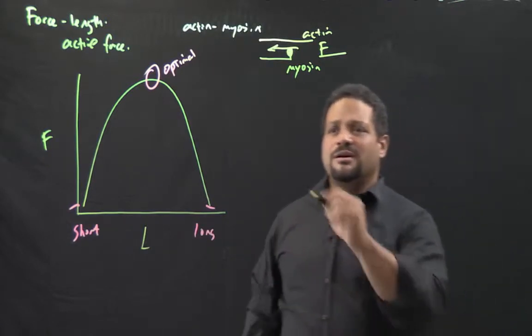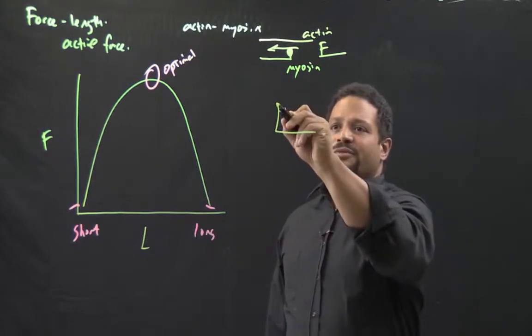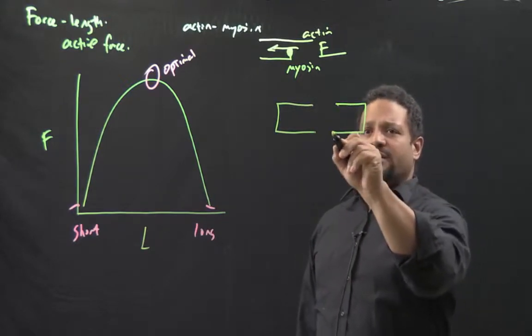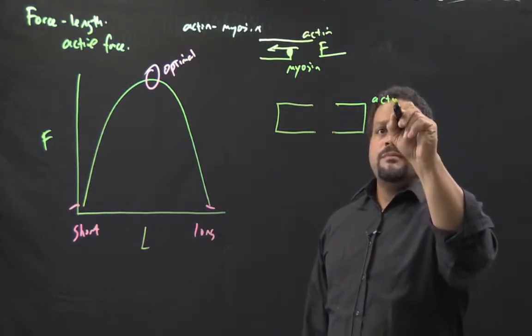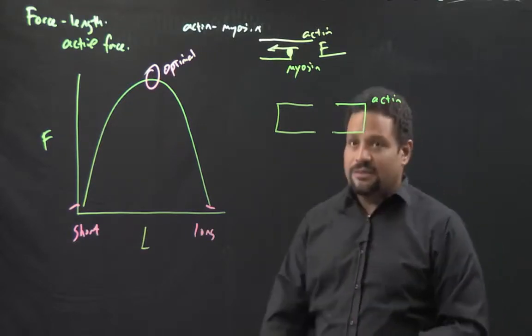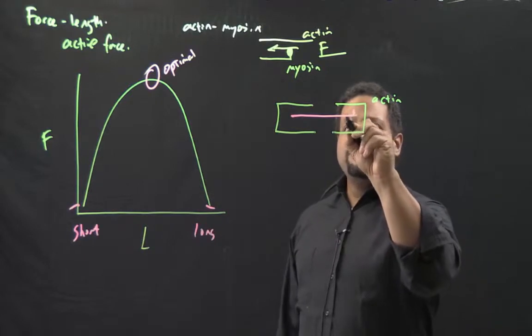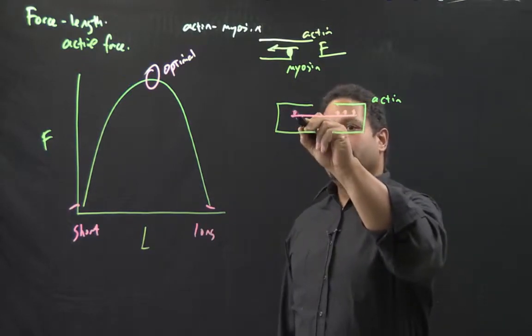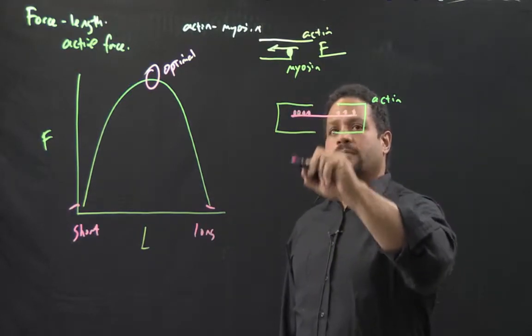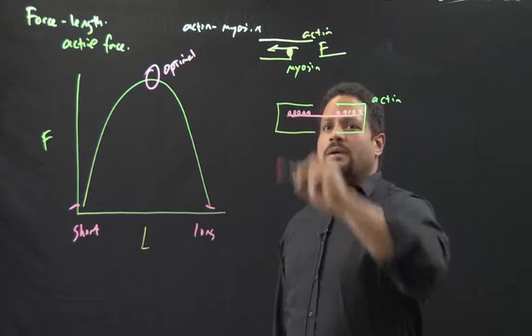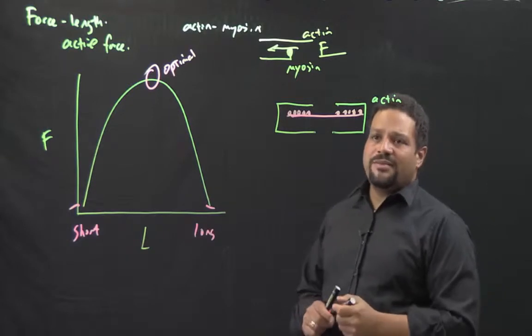So here is the sarcomere. You have your thin filaments, or your actin, shown here. And you have your myosin, shown here, with little head groups. And let's just do 5. So you've got head groups, and they're on either side.